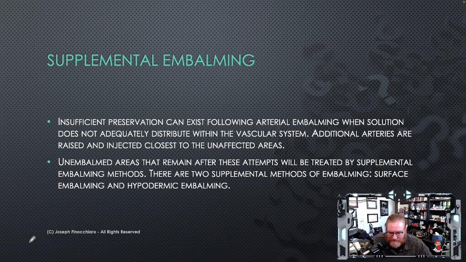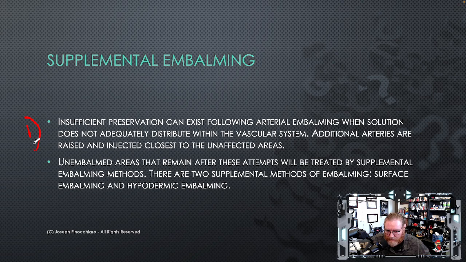Insufficient preservation can exist following arterial embalming when solution does not adequately distribute within the vascular system. Additional arteries are raised and injected closest to the affected areas. It is very important to understand that if you do not get adequate distribution or diffusion in one area of the body when you have finished your multi-point, or if you finished your single point or your split point injection, your next step is to inject that area separately.